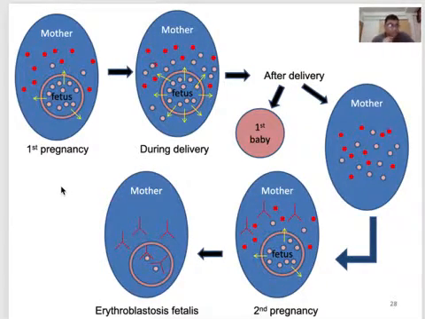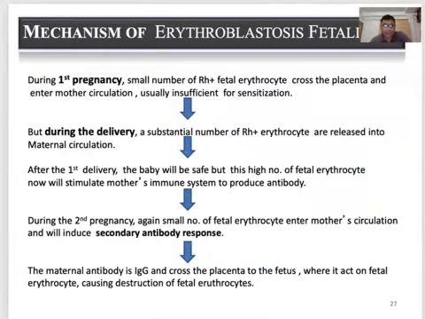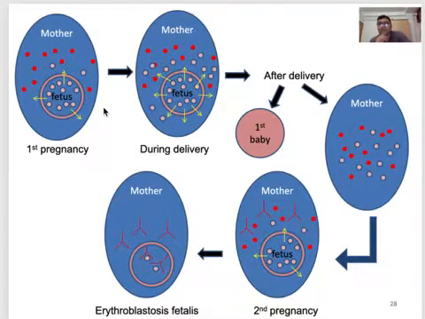So how does erythroblastosis fetalis develop? During the first pregnancy, the fetus is Rh positive and the mother is Rh negative. During the first pregnancy, some Rh antigen crosses the placenta and enters the mother's body, so the mother will develop antibody against the Rh antigen.